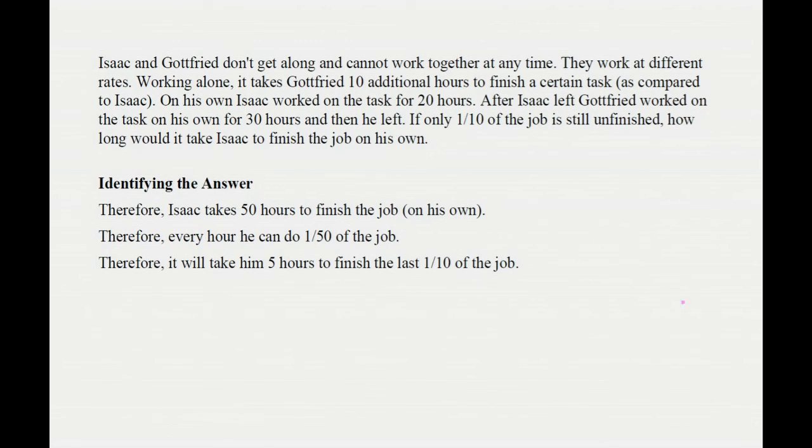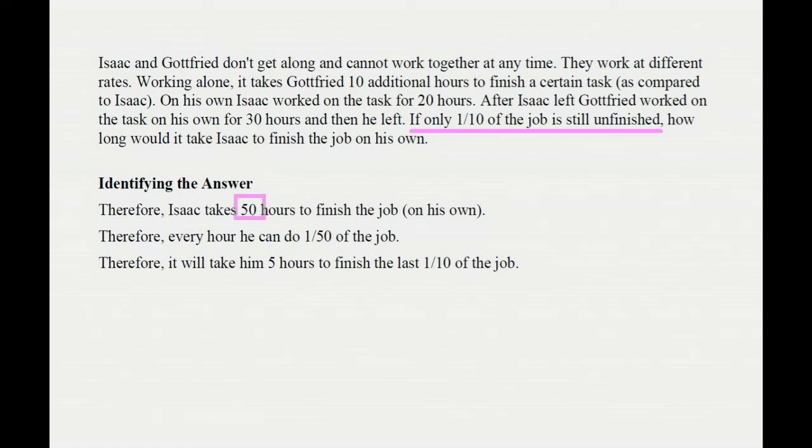Now the question wants us to find how long would it take Isaac to do 1/10 of the job? Well, if he does the whole job in 50 hours, to do 1/10 of the job, it will take him 1/10 of this time.